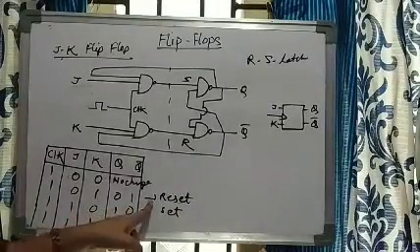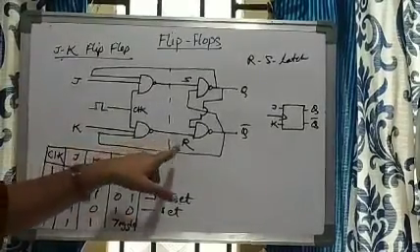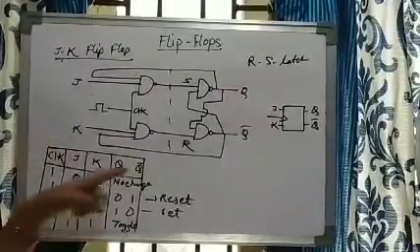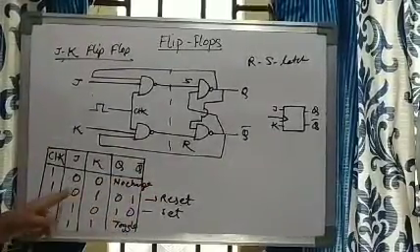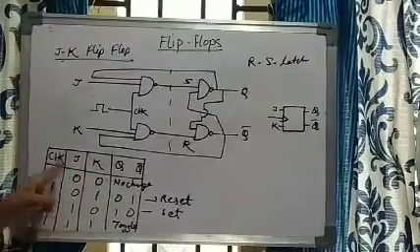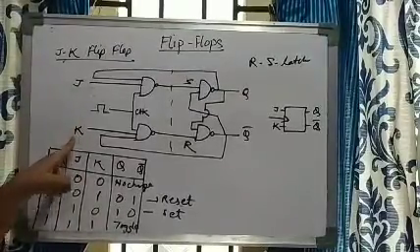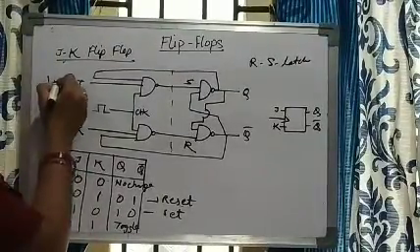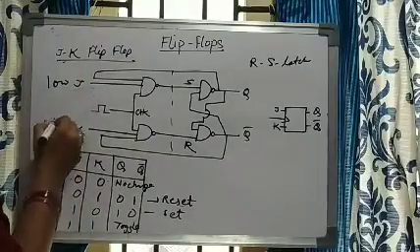So the reset condition, we all know reset will only occur when R is equal to 1, right? So how do we get the reset condition in the case of the JK flip-flop? J must be 0, K is equal to 1, meaning J must go low and K must go high.